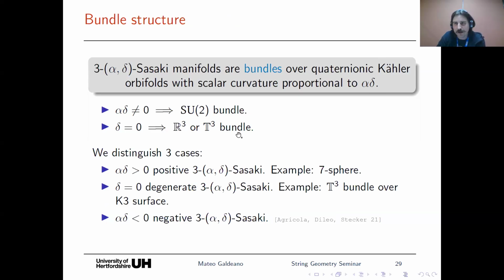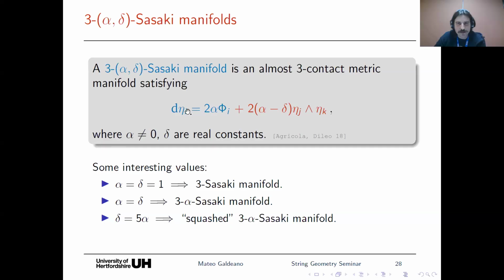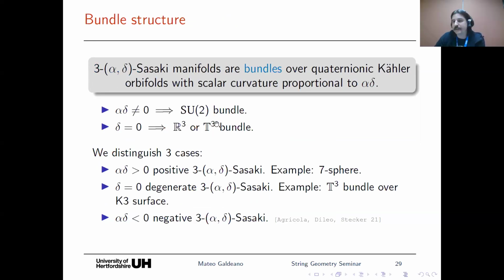So if you look, I'm going to go back for a second. What happens if delta is equal to 0 is that this 2 alpha here kills part of the phi I here. So you are in some kind of degenerate case, and that's why the bundle changes. So interesting, some different topological bundles here.